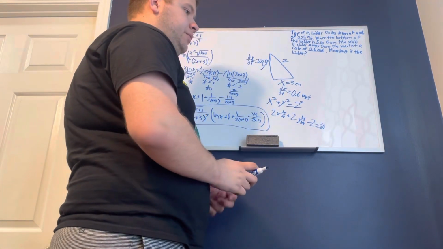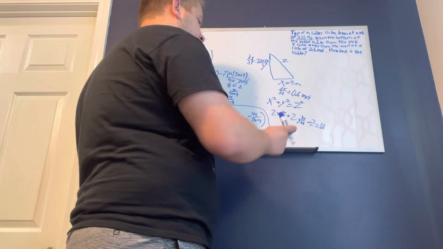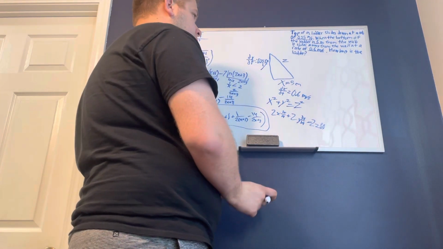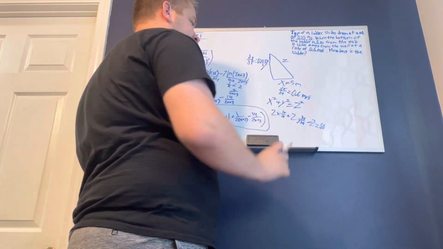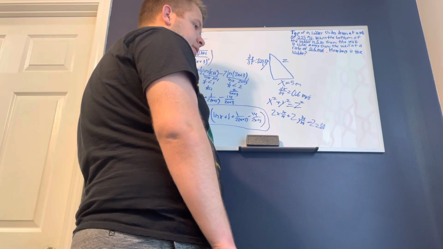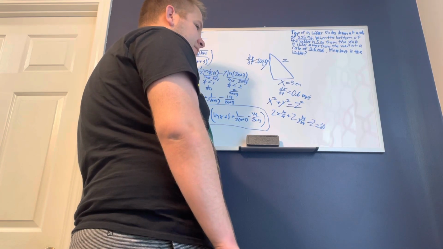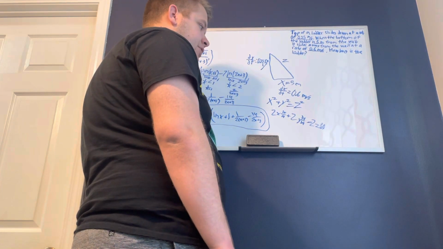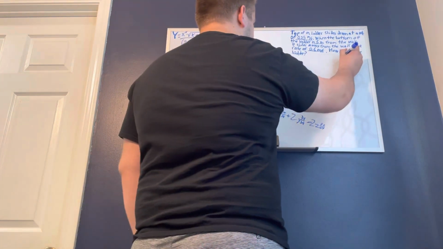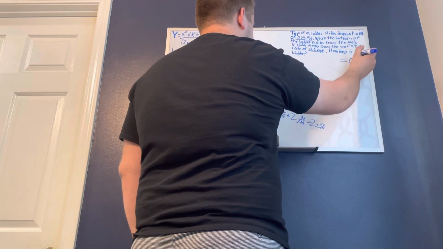Now before, when I was doing this on the original test, I couldn't figure out the value of z or the derivative of z. However, I now realize that since it is a ladder and its length cannot change, that means it has no derivative. It has a derivative of 0. That means we can put 0 on the right side.